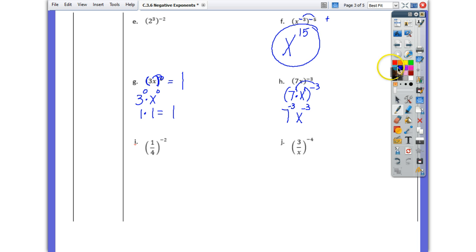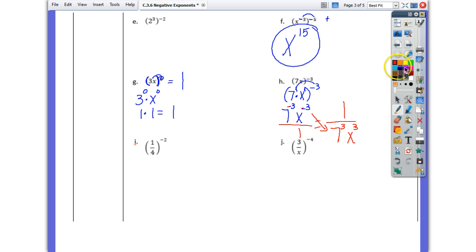All right? We cannot have negative exponents, so let's take this and use the reciprocal. You're going to have down here 7 to the 3rd power, x to the 3rd power over 1.